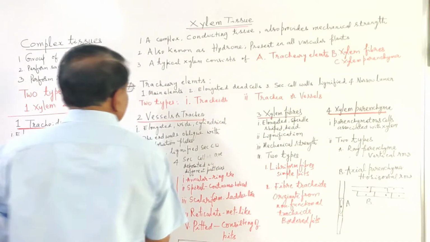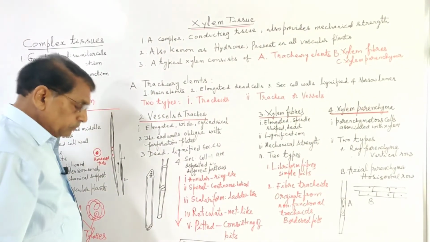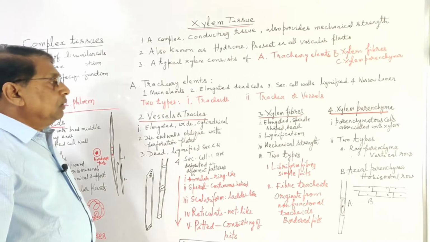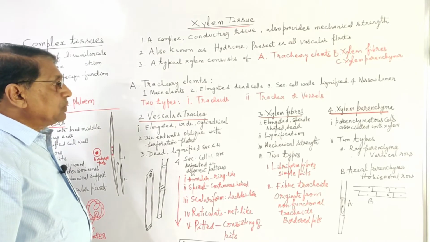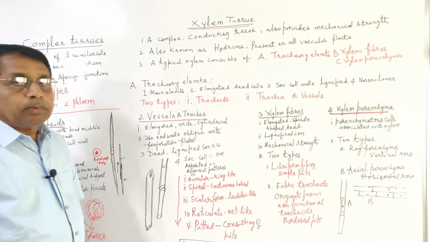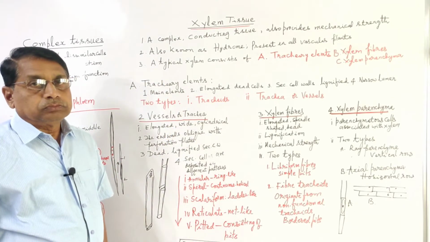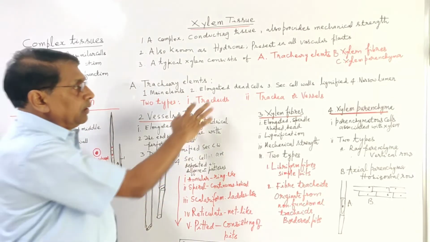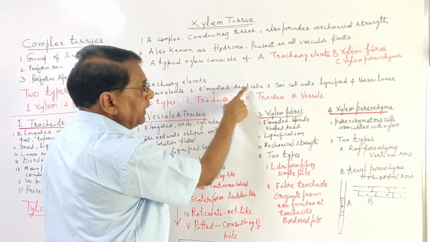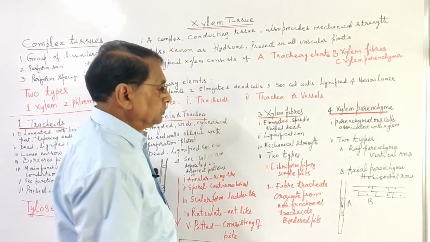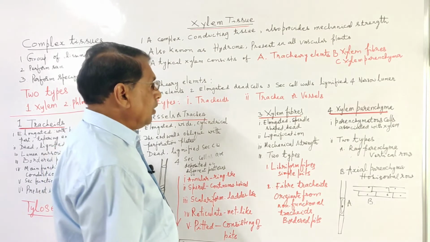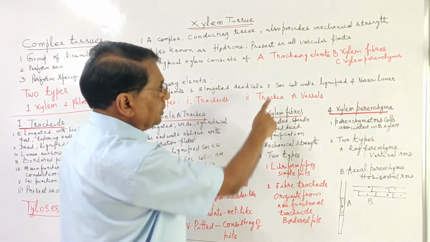First, let us take tracheid elements. The tracheid elements are main elements. They are elongated dead cells.